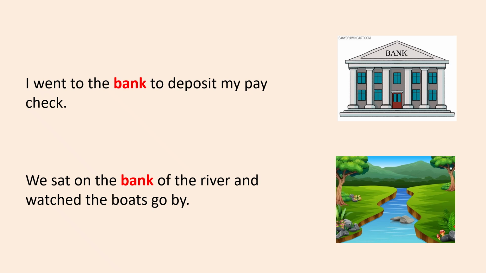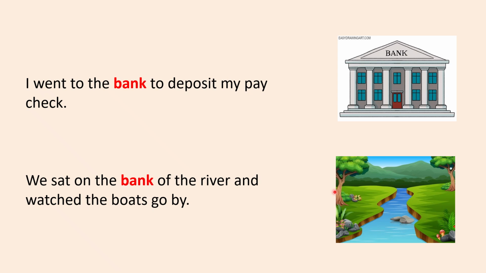This concept is in English and it is also in Arabic. For example, here: I went to the bank to deposit my paycheck. Here, bank means the place where you deposit or withdraw your money. We sat on the bank of the river and watched the boats go by. Here, the word bank means the side of the river.